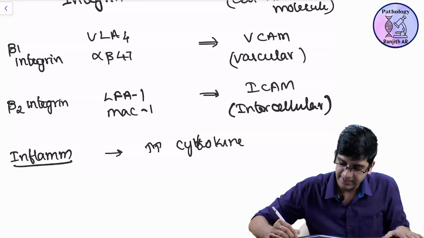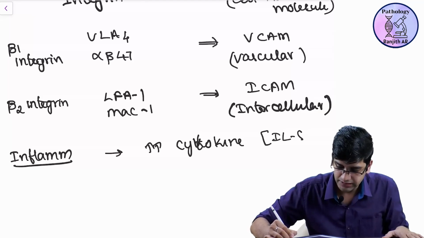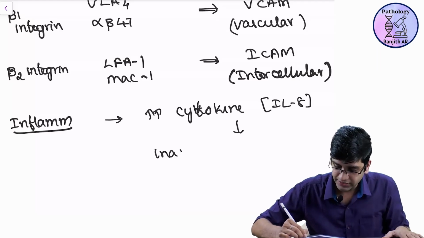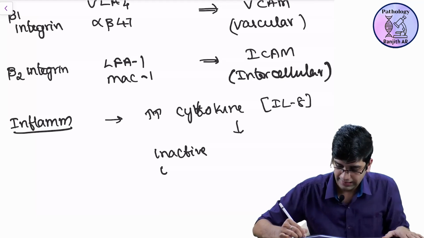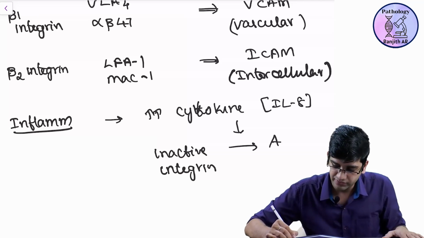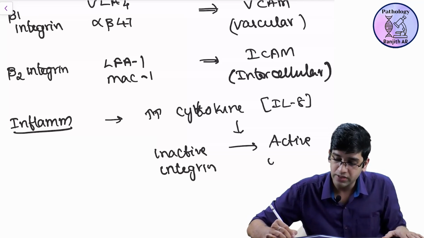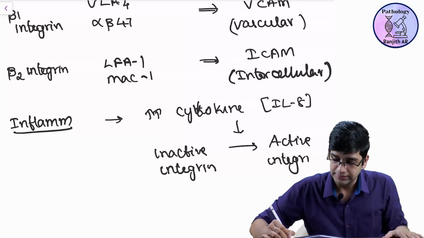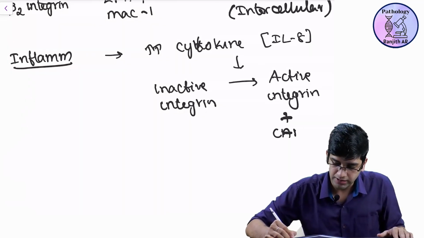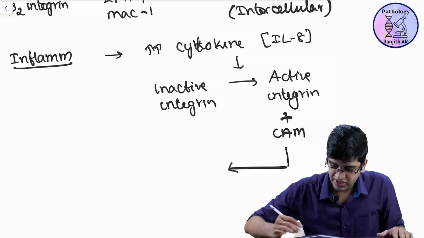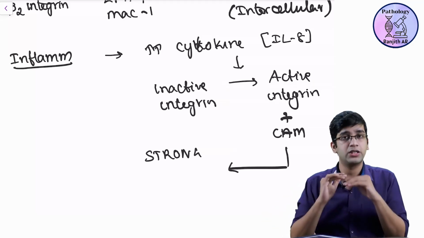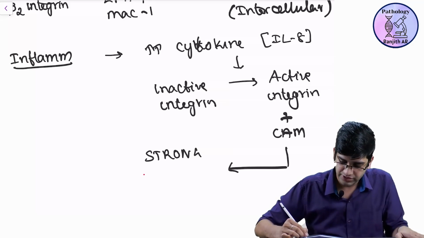When I have that, especially interleukin 8, this is going to convert an inactive integrin to an active integrin. When it becomes active integrin, it binds with my cell adhesion molecules. This binding is very, very strong. No amount of force can detach it, so it's going to get adhered.